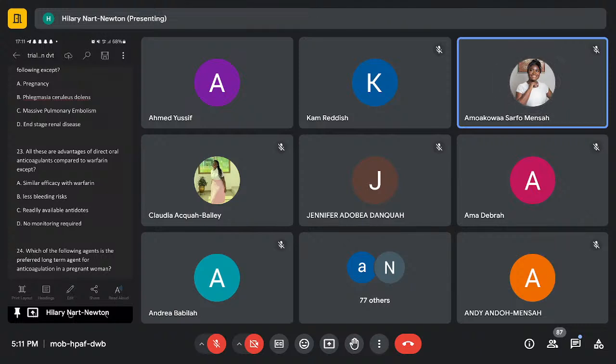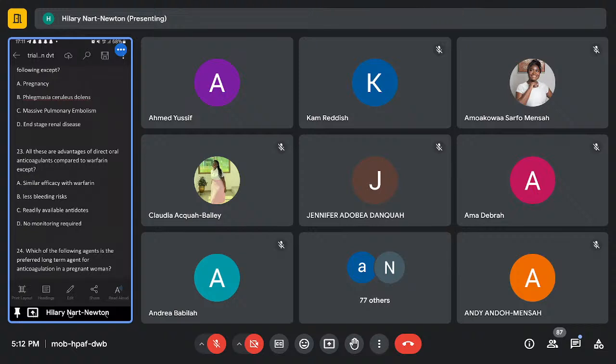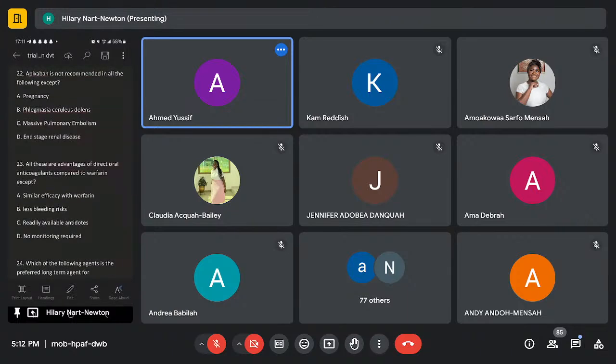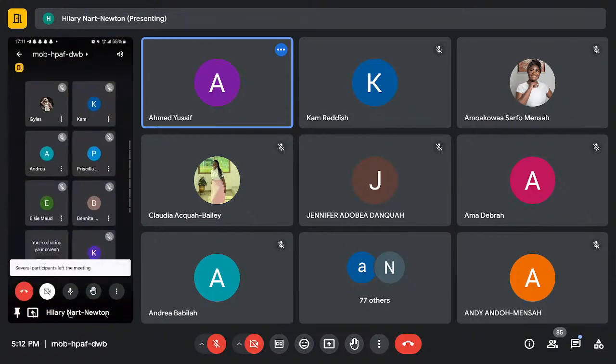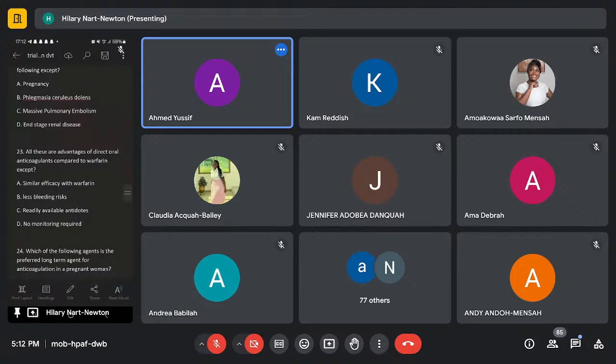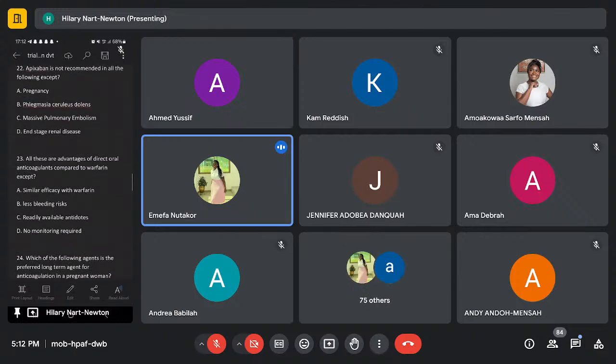The answer is F. Hello. So which one are you going for? End-stage renal disease.